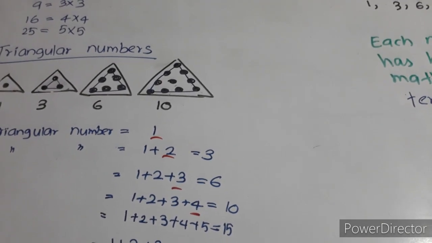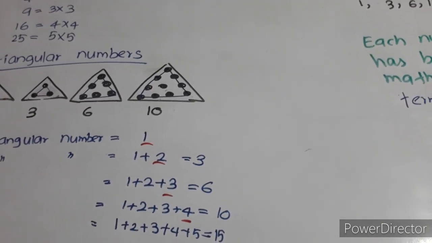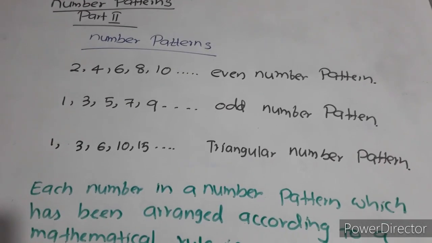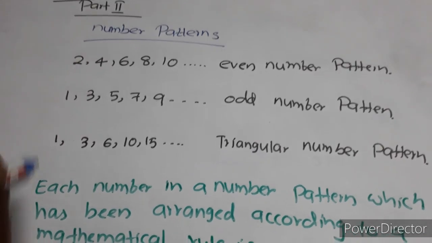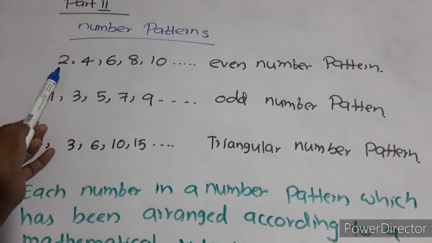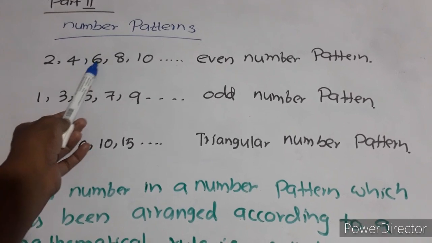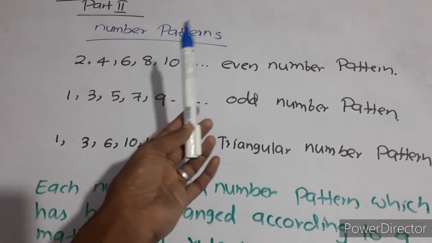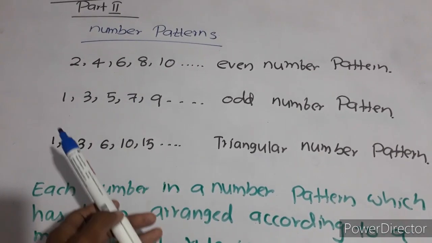Now we'll see what number patterns are. In the first example, you can see starting from 2: 2, 4, 6, 8, 10. It's an even number pattern. You know this, I have done it in my earlier video.